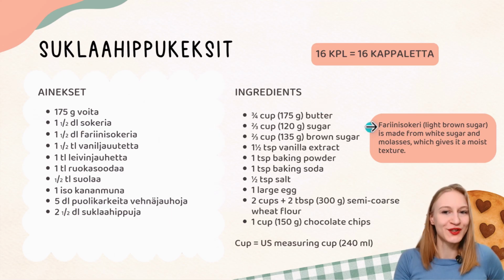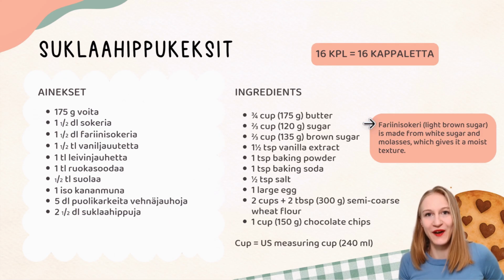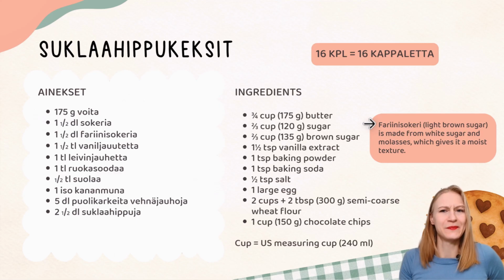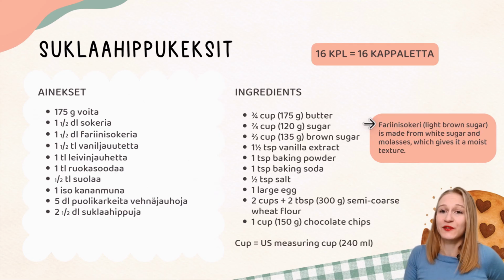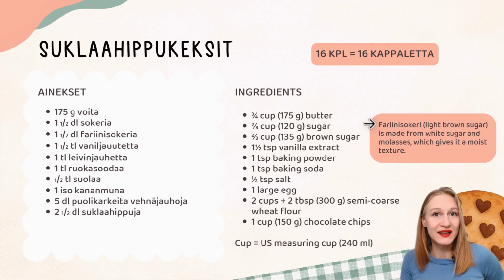So as a more specific thing, I wrote here the definition of what fariinisokeri is. The translation I got was light brown sugar or brown sugar, but not all brown sugar or light brown sugar apparently is fariinisokeri. Fariinisokeri is made from white sugar and molasses, which gives it a moist texture.